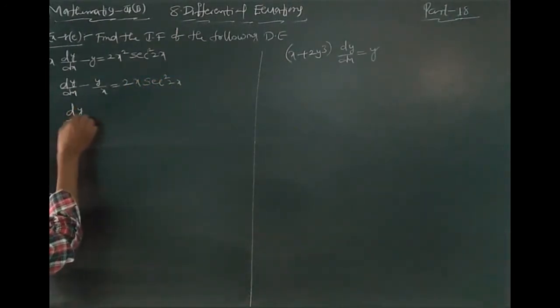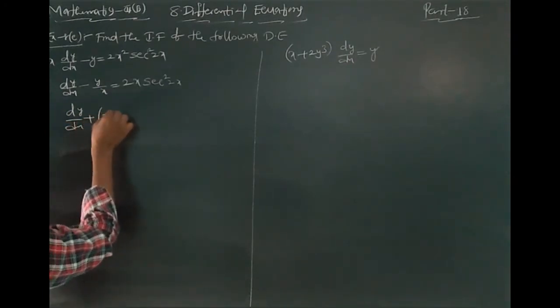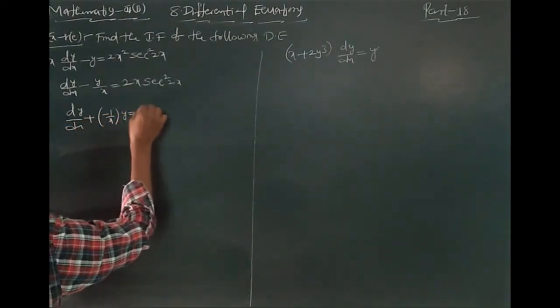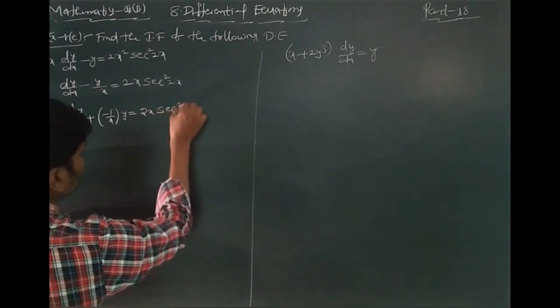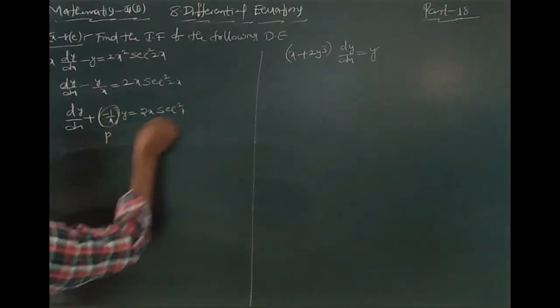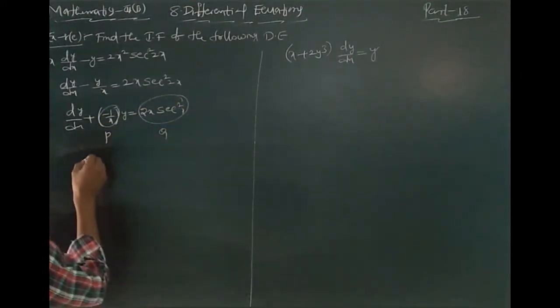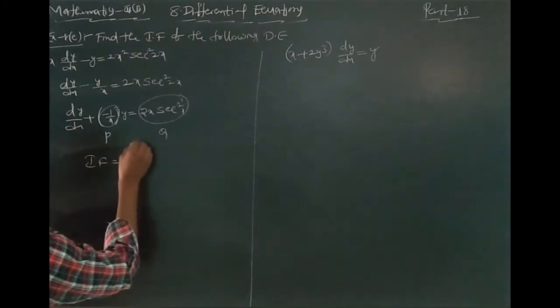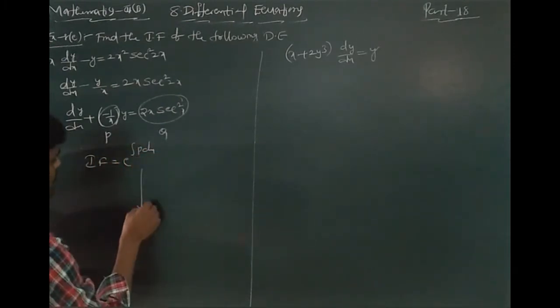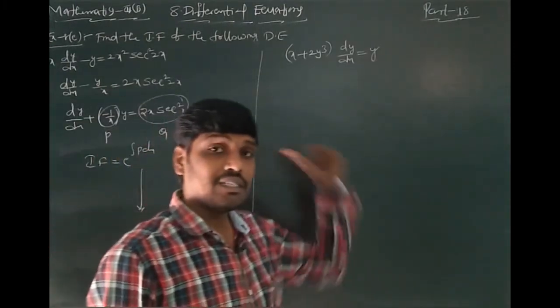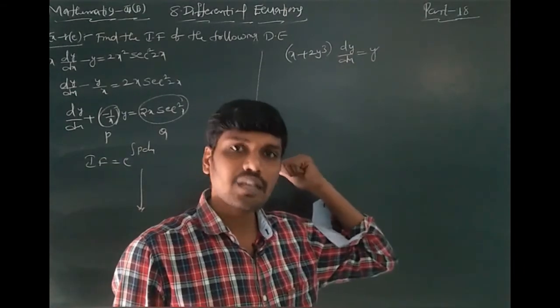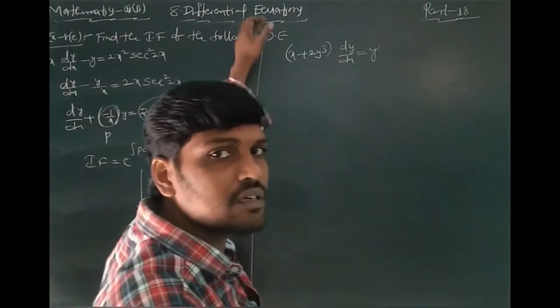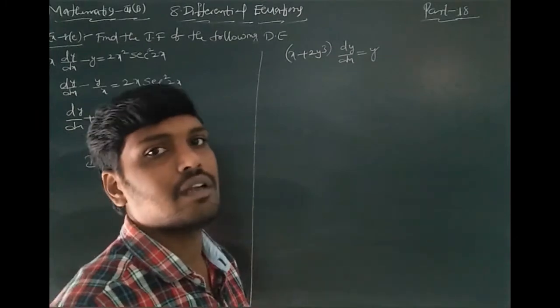After this, dy by dx plus minus 1 by x into y is equal to 2x secant square x. This value is p, this value is q. What is the formula for IF? Integral p dx. After that, you can do it in a similar way. Some shortcut hint is given. Totally, you can do it clearly in classwork.